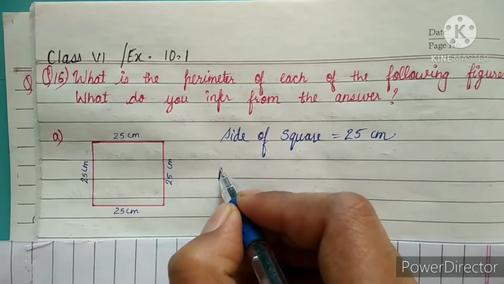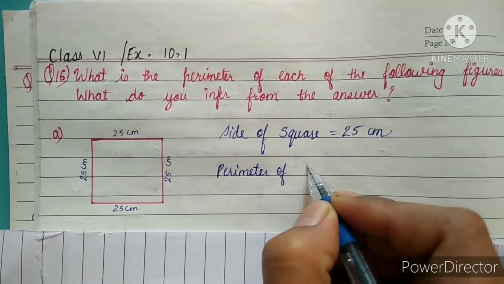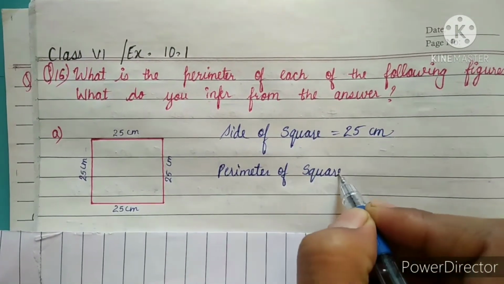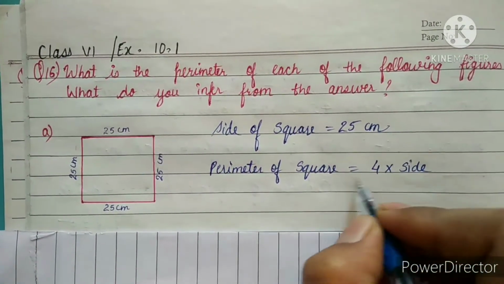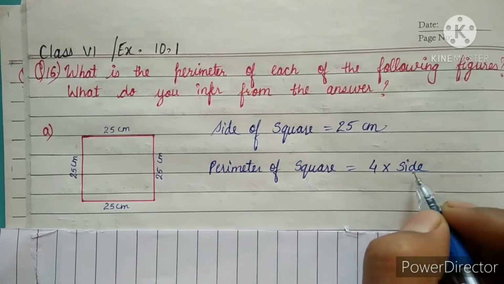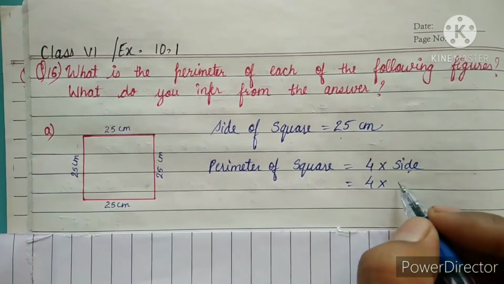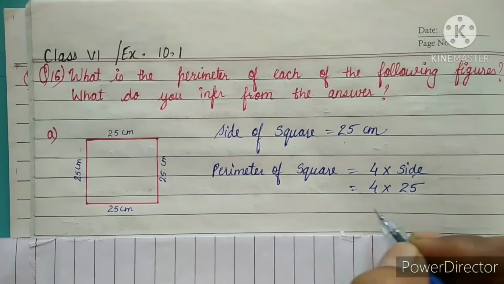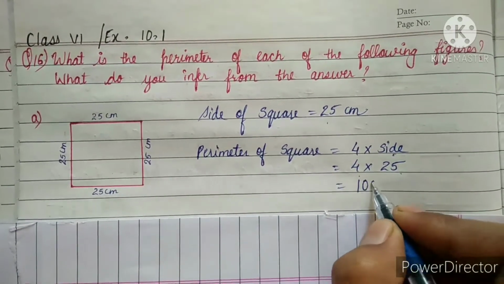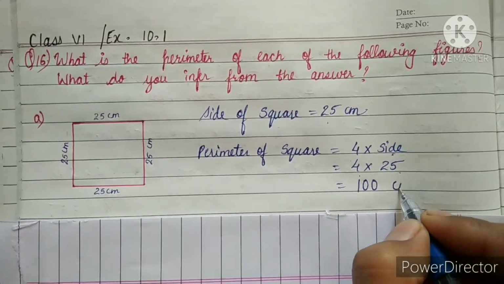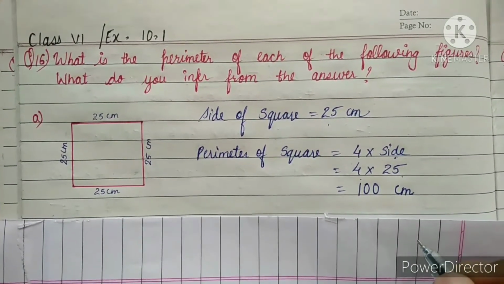The perimeter of a square is 4 into side. So 4 will multiply by the side of the square, which is 25, and when we multiply 25 by 4 we will get 100 and the unit will be centimeter. So this is the solution of the first one.